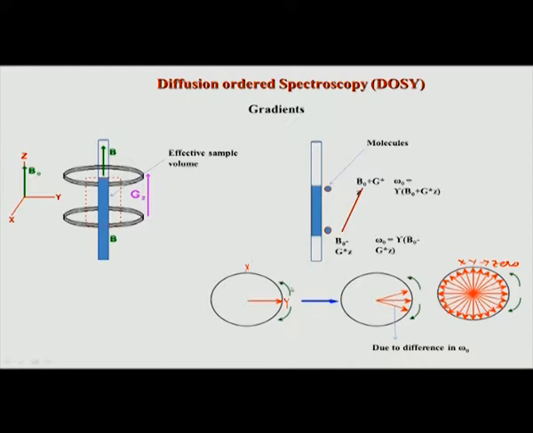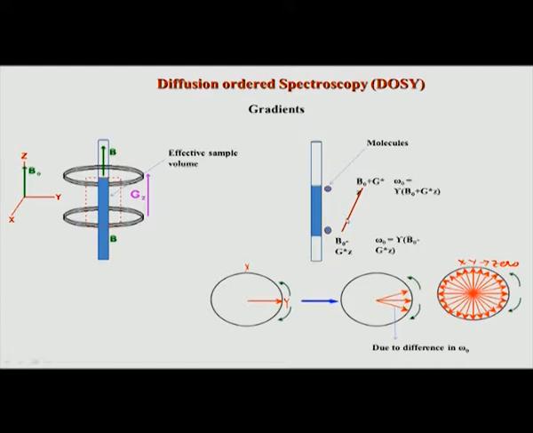When I apply a pulse, the signal will first come to the xy plane. Now, because of the gradient, the different molecules will start precessing not according to one frequency, but different frequencies. These different frequencies have been created by this gradient, so the same molecules which were all phased together now start dephasing at different speeds, because each molecule along this sample has a different precessional frequency.